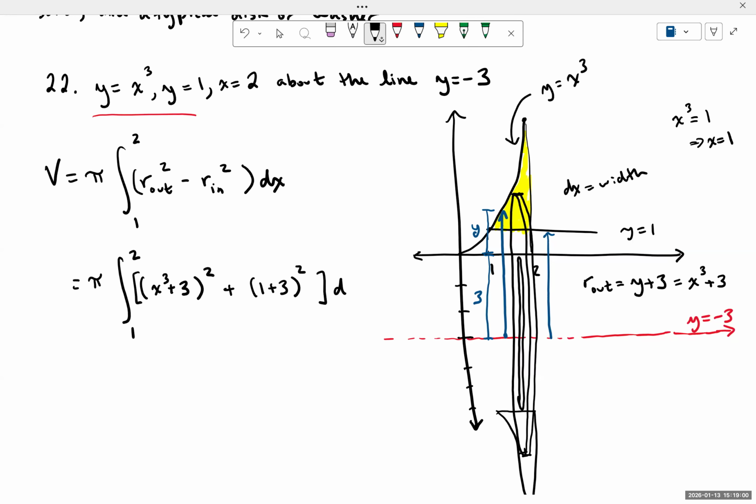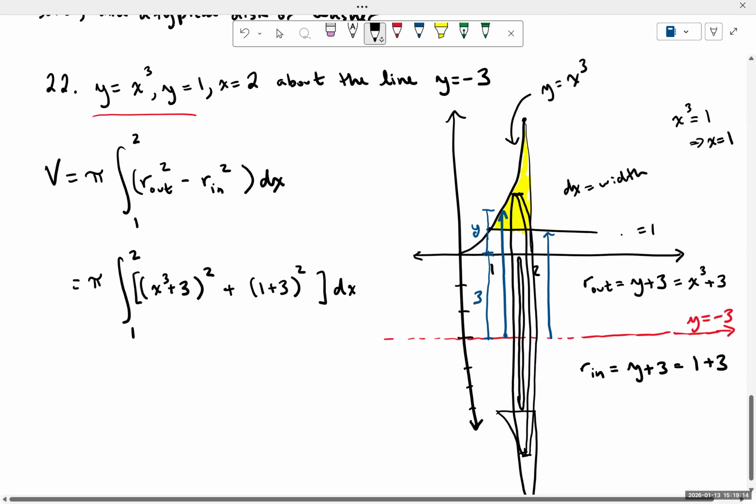Again, it's y plus 3. In fact, I can write it here, R in also y plus 3, but now the y that we're going for is this line y equals 1, which is the inside radius.